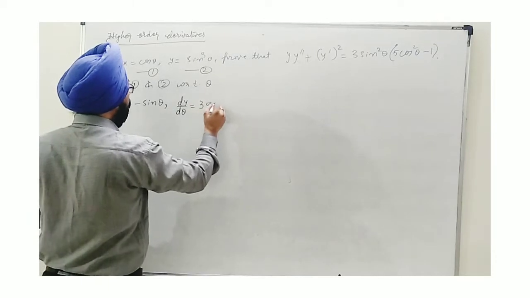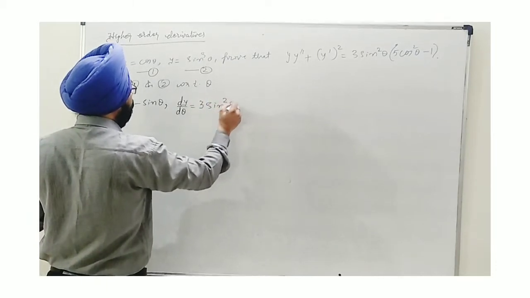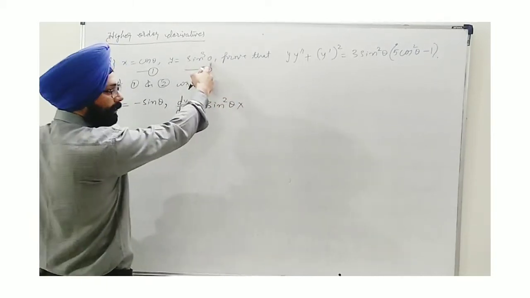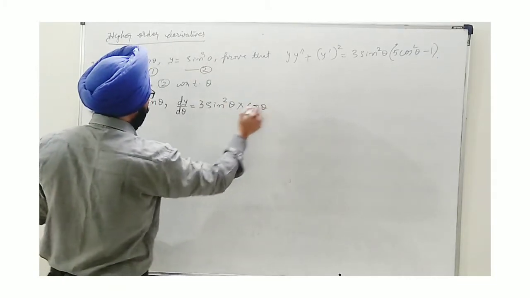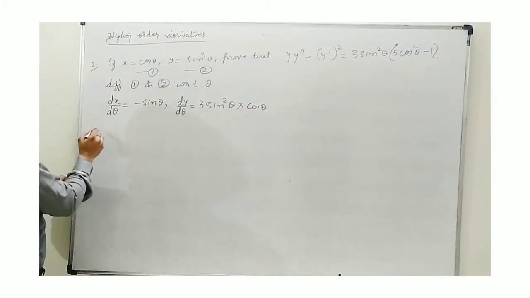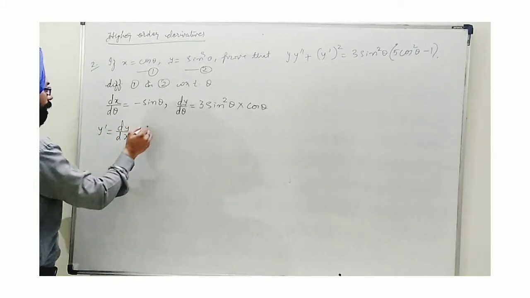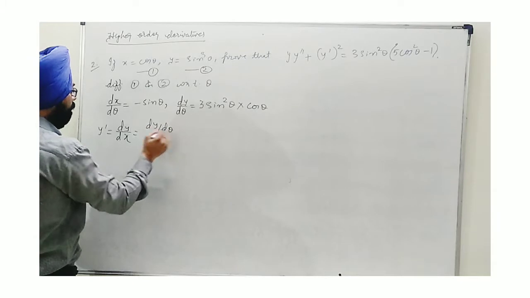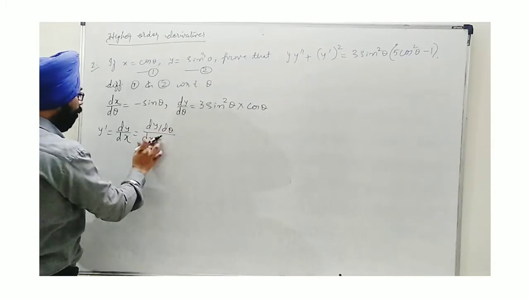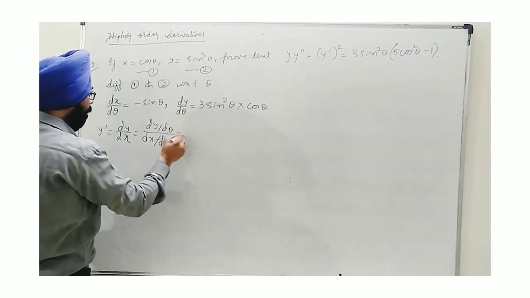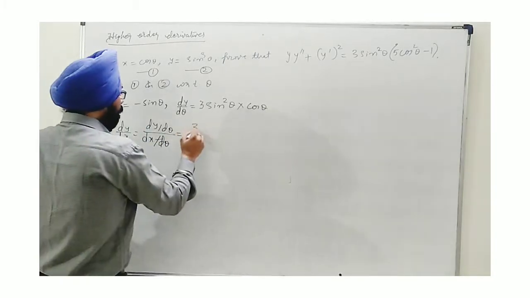Power comes 3 sin, and subtraction 1, so square theta into differentiation of the base sin theta. This will be cos theta. Remaining as it is. Our requirement is y dash, which we must know is dy by dx, will be equal to dy by d theta divided by dx by d theta.